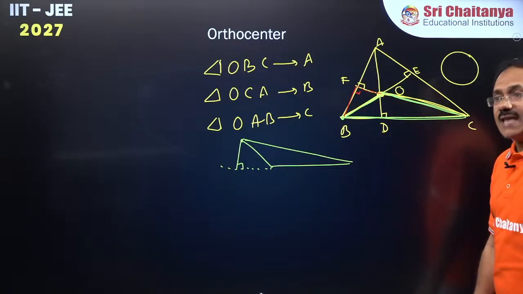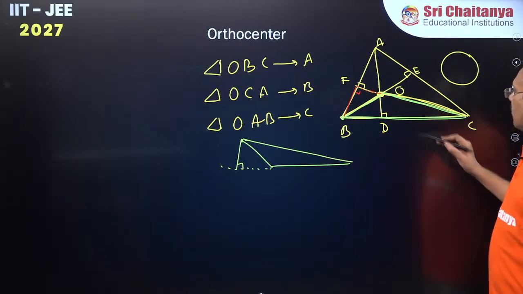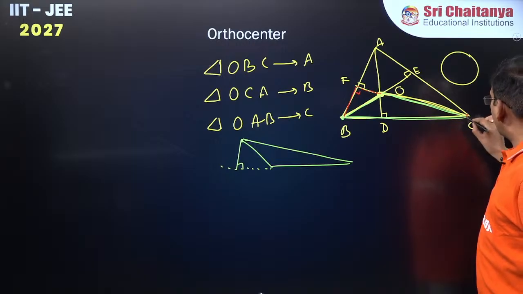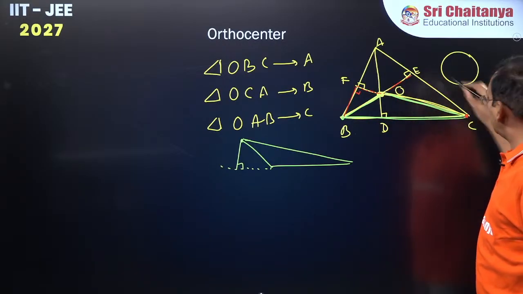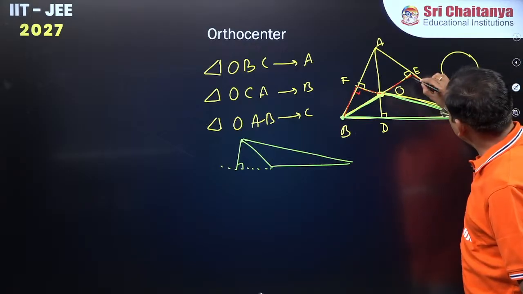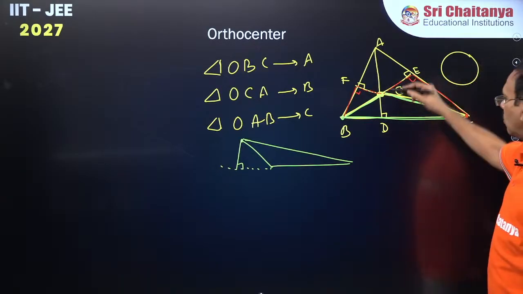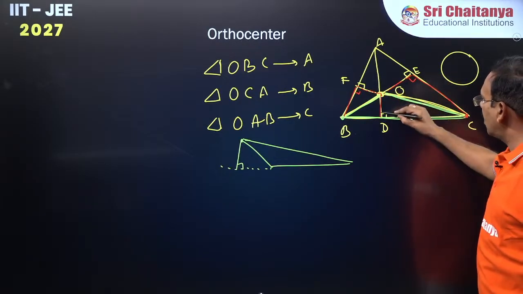In the same way, from here, how to draw a perpendicular from C onto BO? Here also I have extended. So this is the second altitude. Now this is the third altitude.